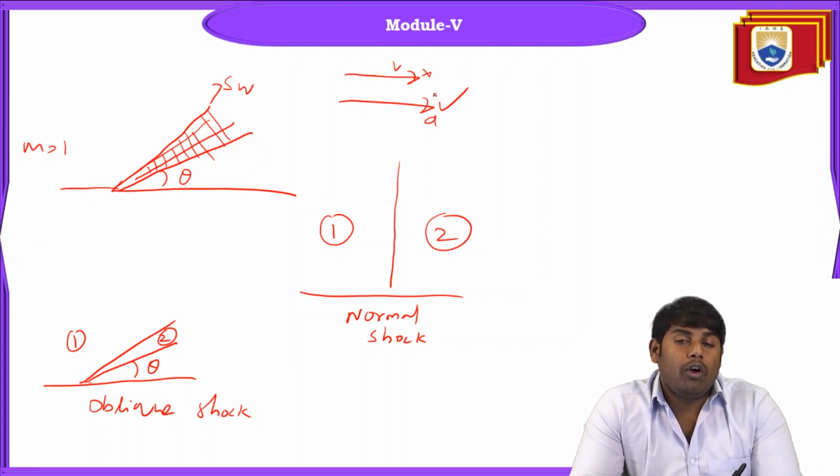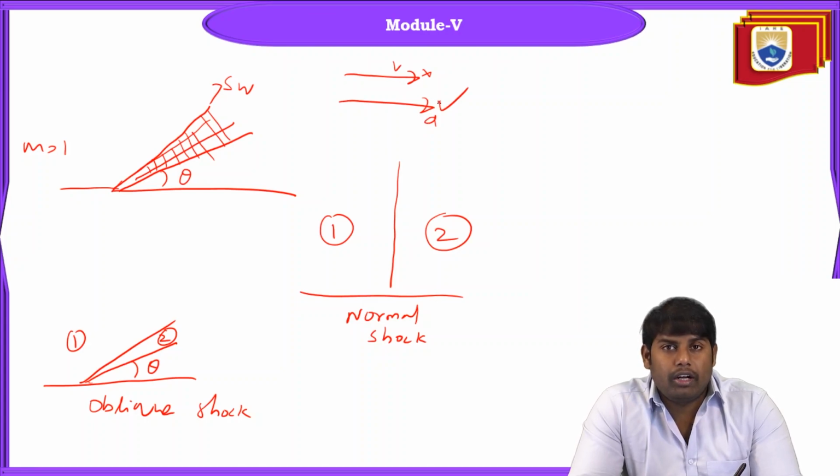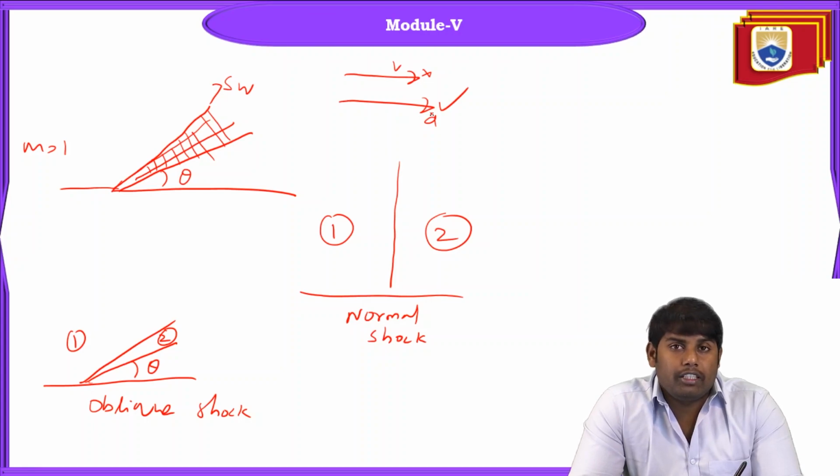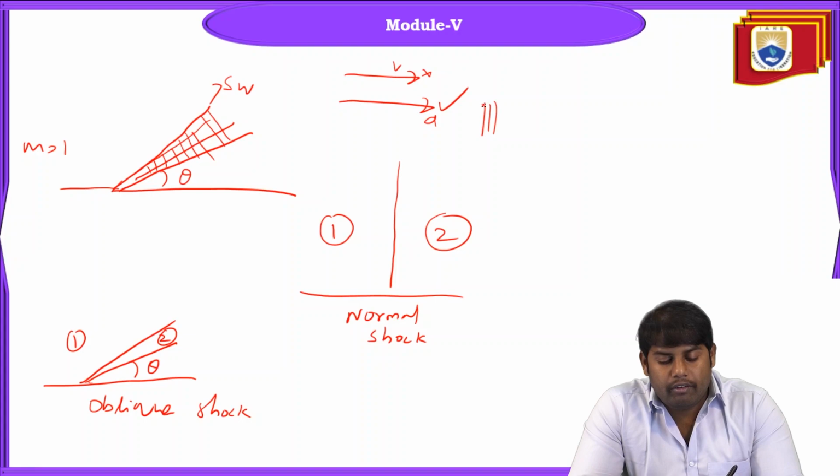Fine. So the sound waves will be transmitted in all the regions, since they have sufficient time. Now when the velocity of the object is crossing the speed of sound, what happens? There will be some natural effect where the weak waves, as we call the sound waves when the speed of the object is greater than the speed of sound, come together and join to form a strong wave.